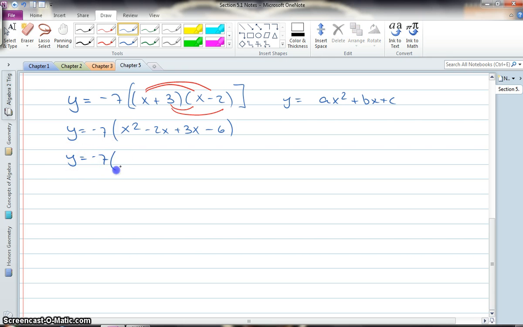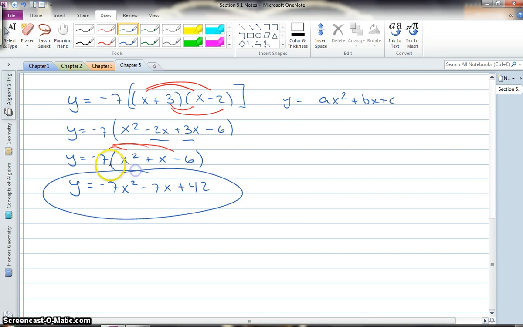So y equals -7, x squared, I'm adding these two. -2x plus 3x is 1x minus 6. Now I'm not there quite yet. I still need to distribute my -7 to everything in order to be in standard form. So y equals -7x squared minus 7x plus 42. And now I am in standard form.